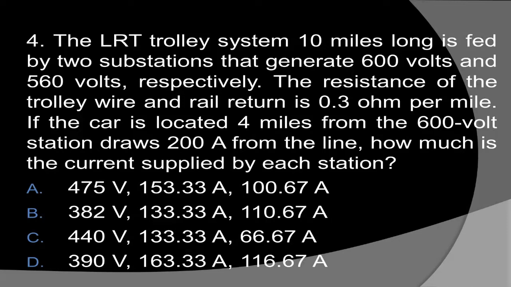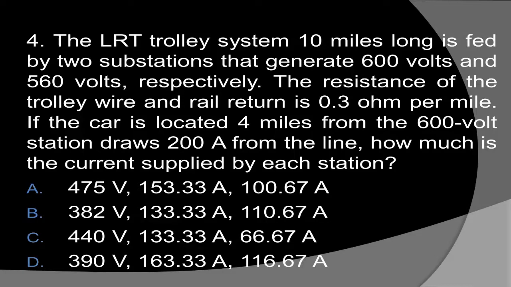Take note that there is a 600 volt source here. Then we have a 560 volt source. The resistance of the trolley wire and rail return is 0.3 ohms per mile. So let's say this is our train.